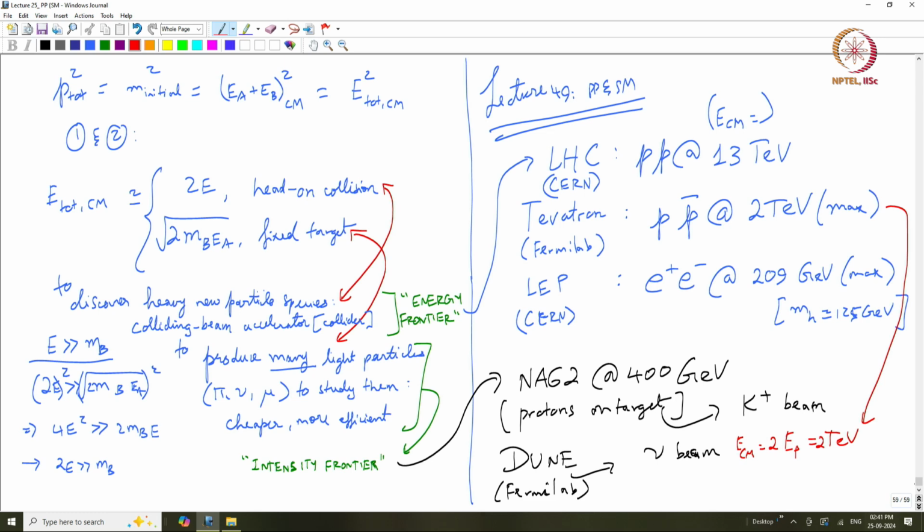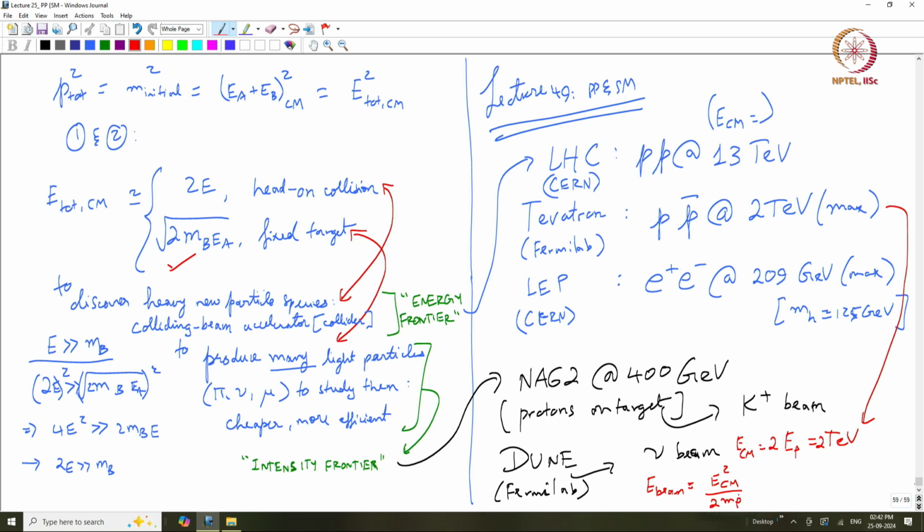Now, suppose I wanted 2 TeV center of momentum energy at a fixed target experiment. Then what should I be doing? What is the energy that I need in my beam? So let's look at this formula. This tells me that the energy of the beam should be the center of momentum energy squared over 2 times the target mass. In this case, you are hitting protons, right?